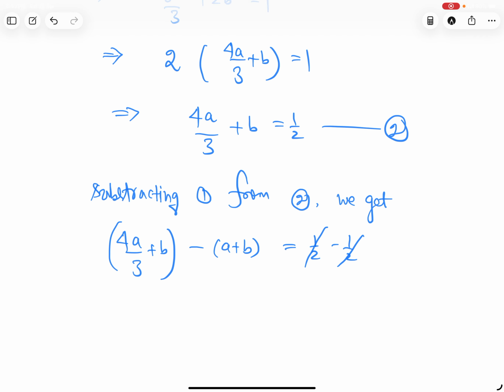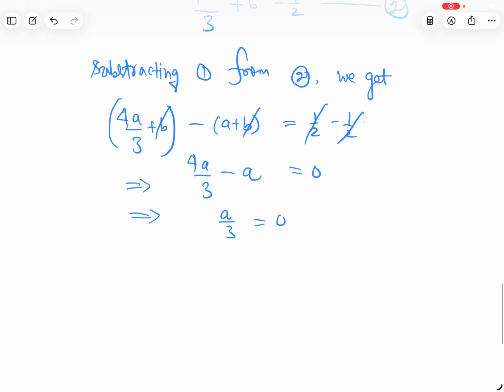This is 0, so b gets cancelled. So this is 4a/3 minus a, which means a/3 is equal to 0. That means a is equal to 0.